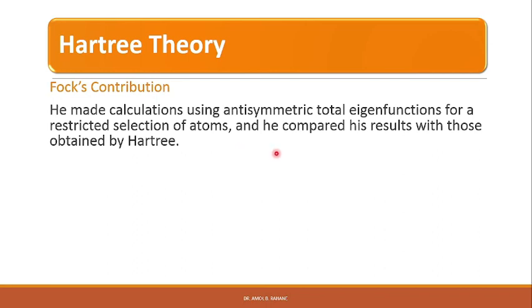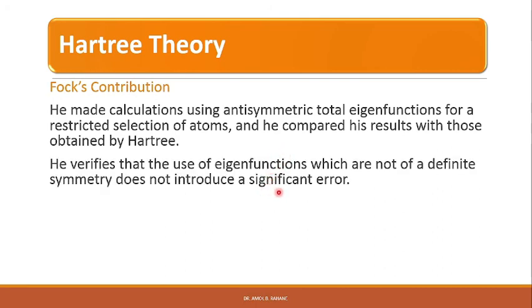That means he put two electrons in each state by using Pauli's principle, and he calculated for the same atom, and he verified that the use of eigenfunctions which are not of a definite symmetry does not introduce a significant error. That means the calculations done by Hartree are not so accurate, but they are close to the calculations made by Fock, right?